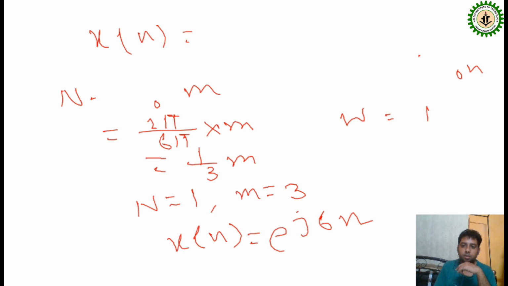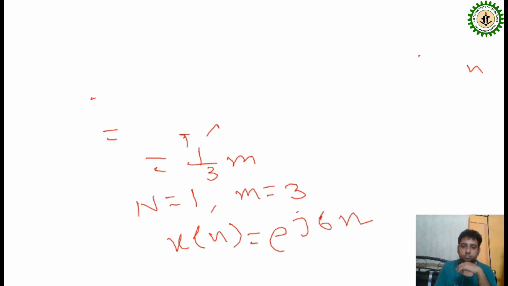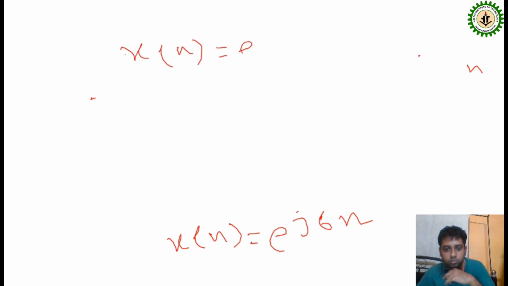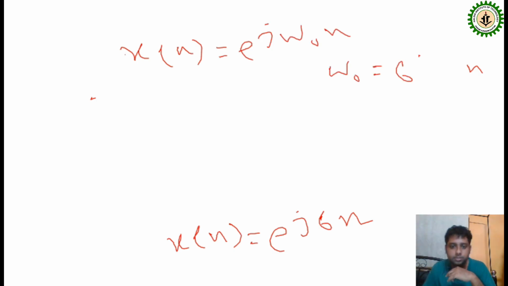Okay, now to solve it, we will compare this with the standard expression, that is x of n is equal to e to the power j omega naught n, where omega naught is equal to 6.